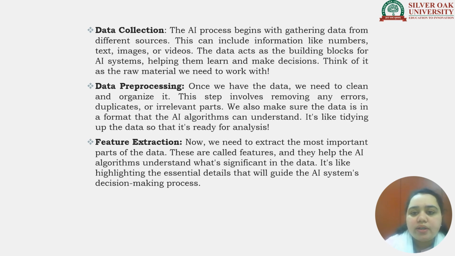Second thing, we did a pre-processing step. We cleaned the image, we labeled the image, and if there were any errors, we tried to remove them, and now we are trying to extract its features. Now what will be considered as feature extraction of that particular image?